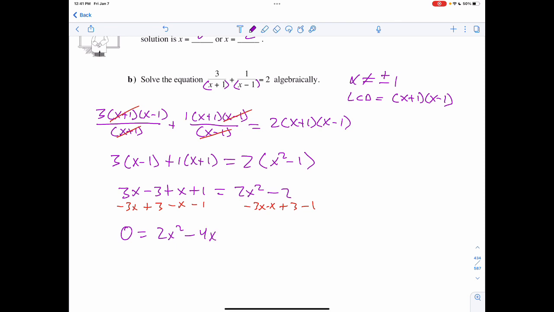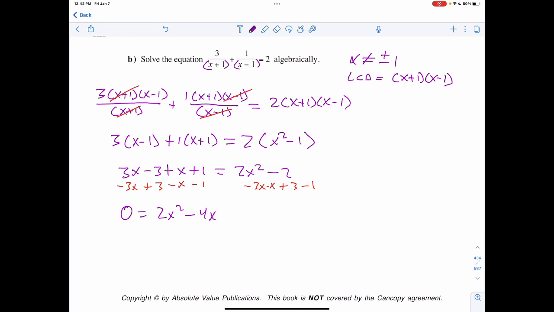Now at this point, I can use any of the methods that we've had to algebraically solve quadratics, but if it's possible, and it usually will be, I'm going to lean towards factoring. In this case, the factoring is quite simple because there's just a common factor. I can divide both these by 2x, and I'm left with x minus 2.